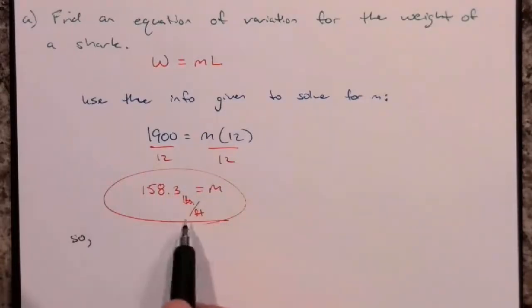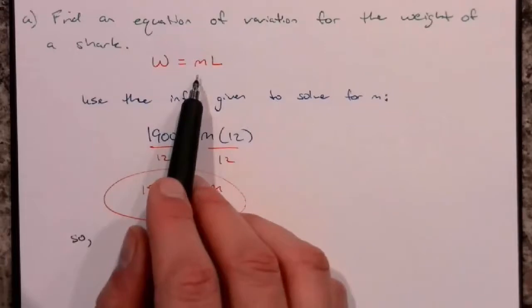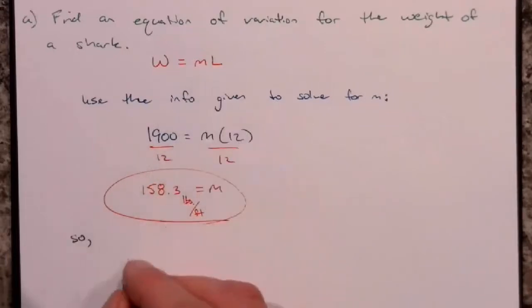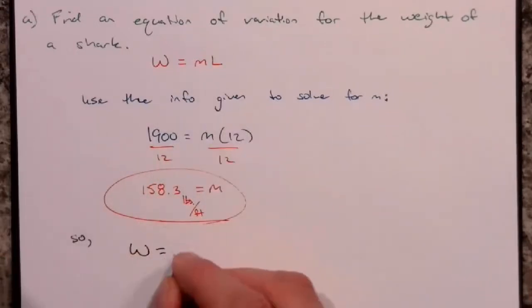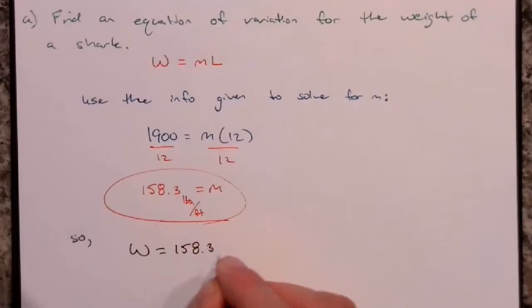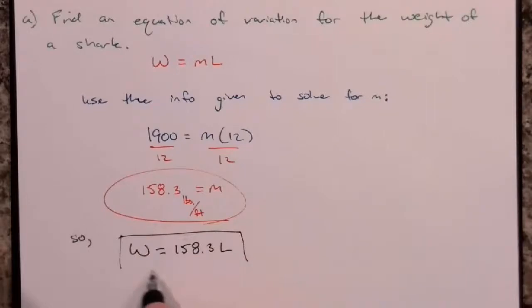Once we know what m is, we can sub m back into the original formula, and we leave w and L as they are. So we get w equals 158.3 times L. And this is going to be the equation that gives the weight of a shark based on the length. For any length I put in, I could find the weight. For any weight I put in, I could find the length, now that I know what that constant of variation is.